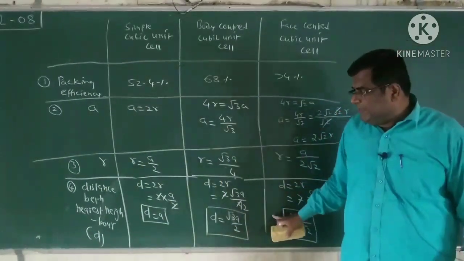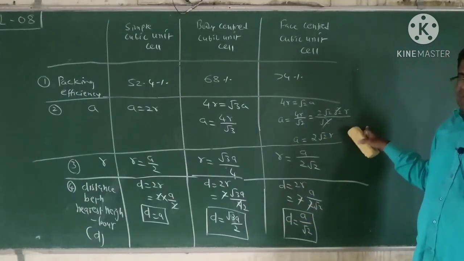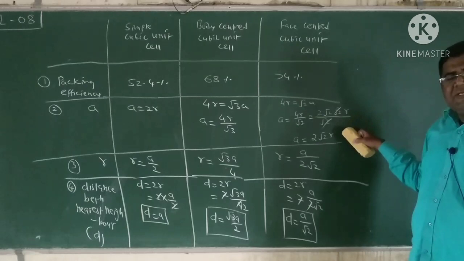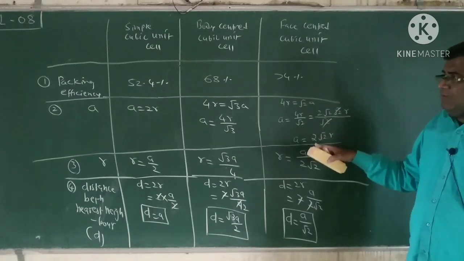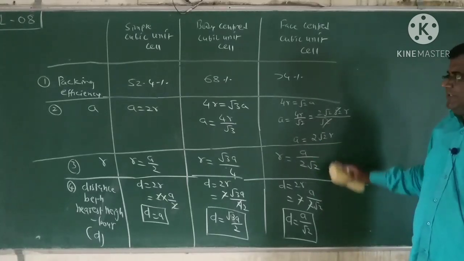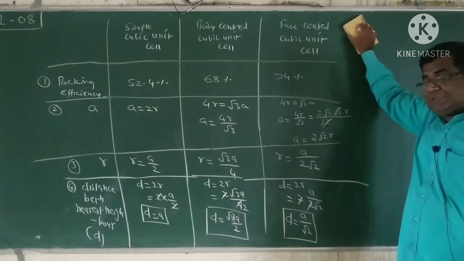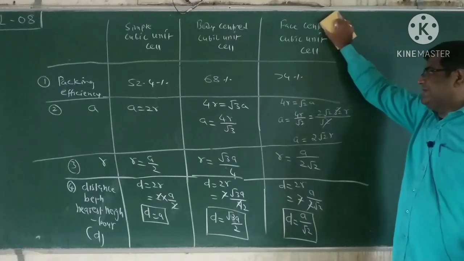You should make this table and remember this table because many questions in NEET examination and other entrance examinations can be solved using this table. Right. So this table is very important. Distinction between simple cubic unit cell, body centered cubic unit cell, and face centered cubic unit cell.